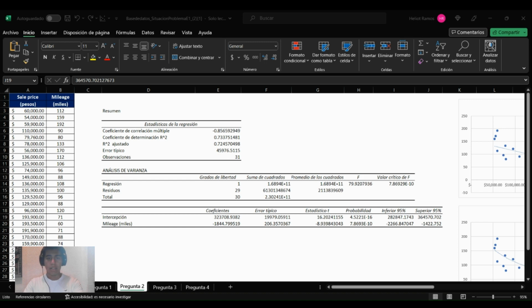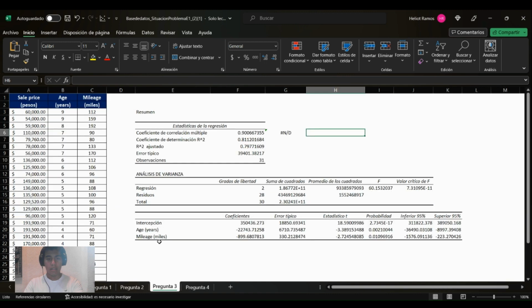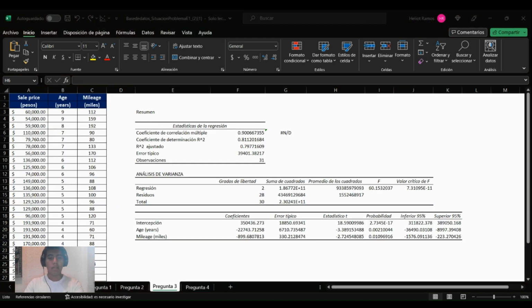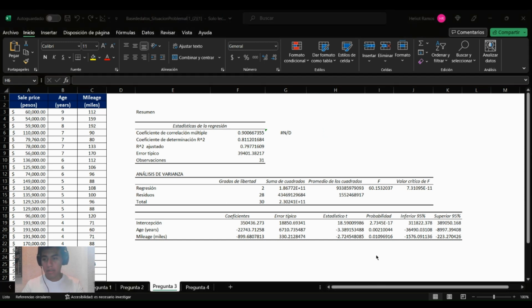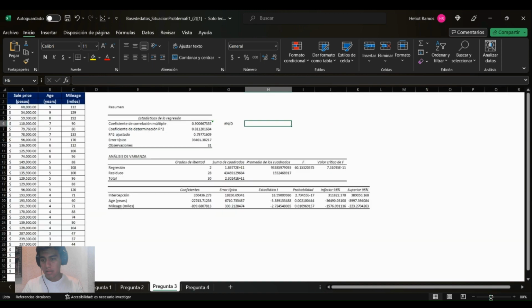Basically, in this part we are going to try to create a model using age and mileage and their correlation to y. For this, what do we basically have to estimate?